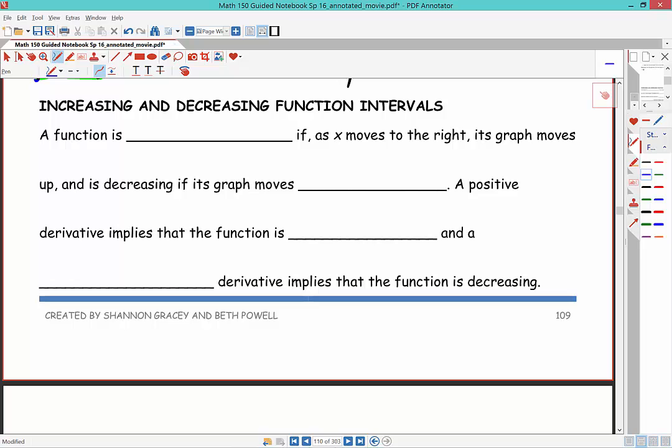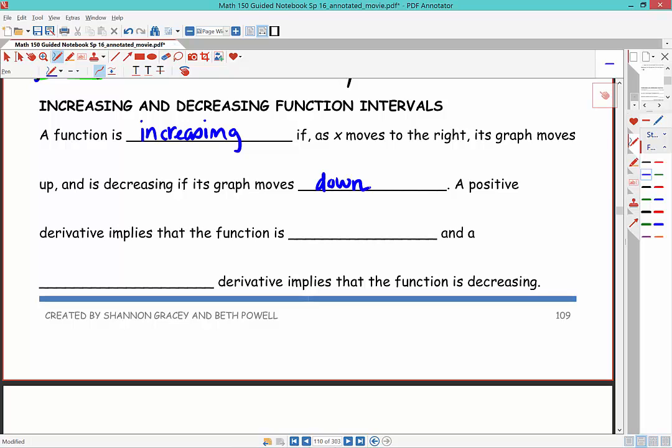All right, so increasing and decreasing function intervals. So basically, a function is increasing if, as x moves to the right, its graph moves up, and it's decreasing if its graph moves down.